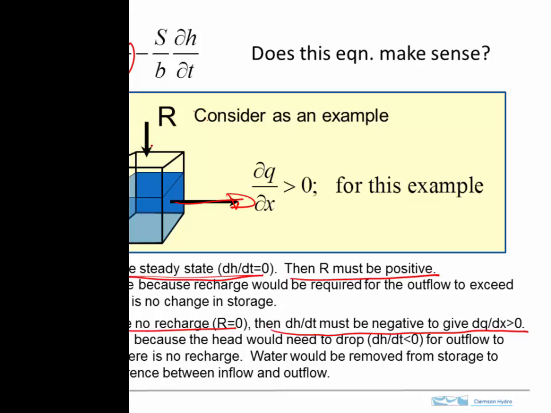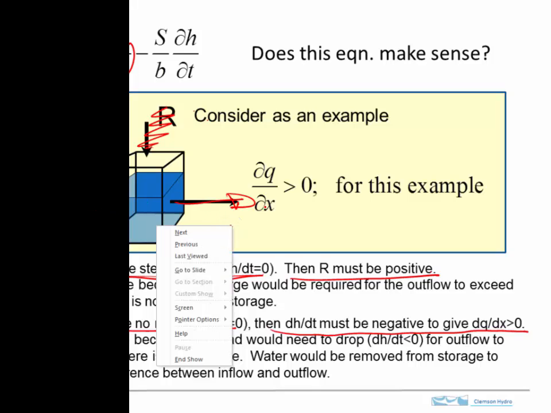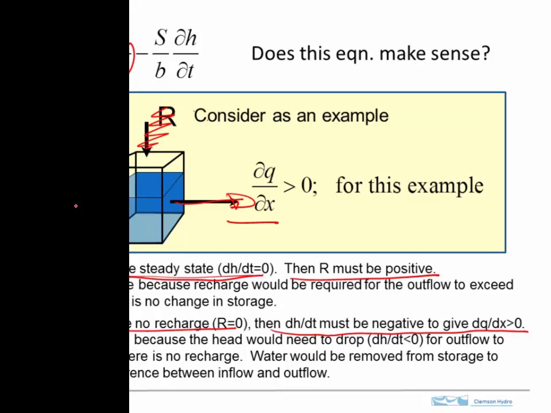But we're assuming that recharge is equal to 0. So the only way you could have more flow coming out than in is if water is draining out from storage. Then the water level is dropping, and dH dt is going to be negative.